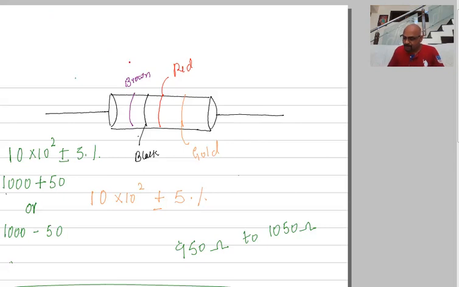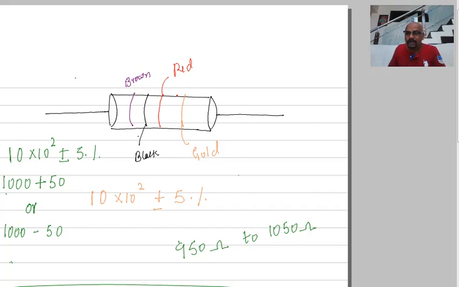Suppose first ring is brown. First ring represents first digit, 1, I have written. What is second ring? Second ring is black. Black corresponds to 0. We have coded it. What is the number given for brown? 1. For black? 0. For red? 2. We know that color coding.